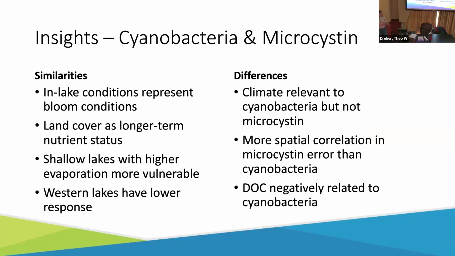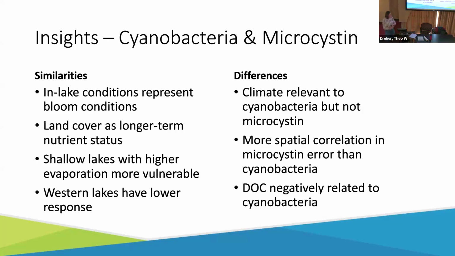In-lake conditions probably represent more when you're having an active bloom versus when you're not having an active bloom. Whereas we really had to look to more of those land cover variables to get a sense of the longer term nutrient and context situation for each of these lakes.